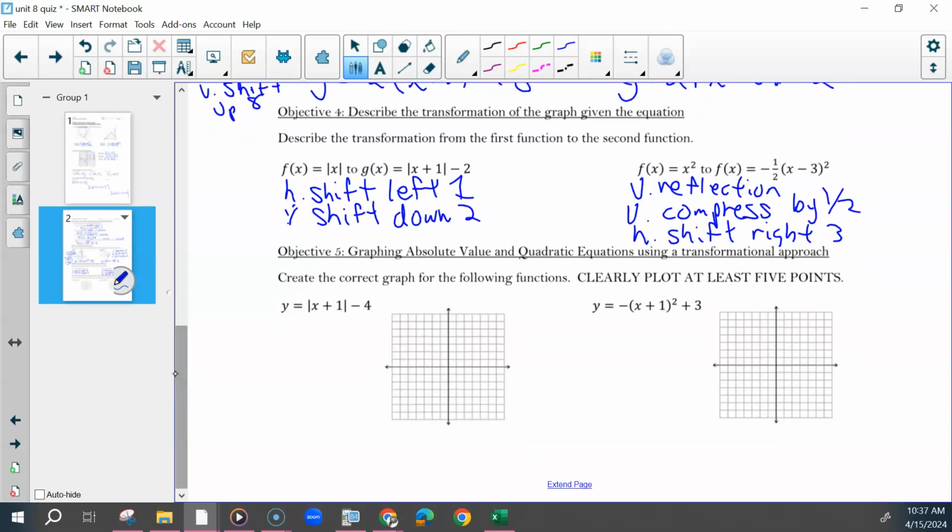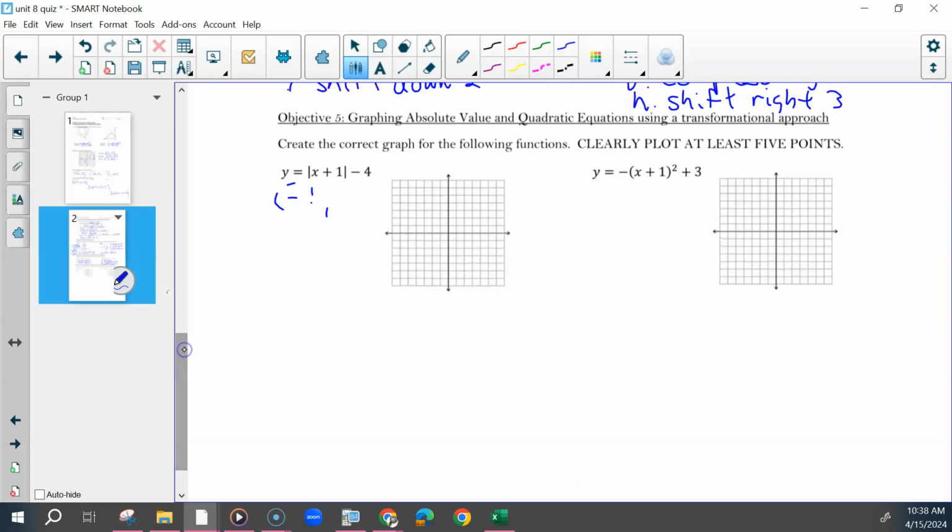And then for these, you could have put this in your calculator and then graphed it from there and written the vertex, or looked at this and found the vertex and then graphed it from there. So I'll do both ways. The vertex here, I look at this and I do the opposite, so -1. And then I take whatever the k value is, and that would be my vertex point.